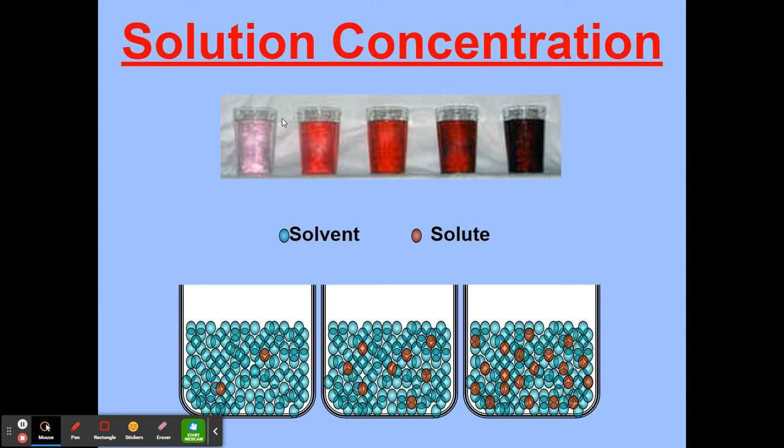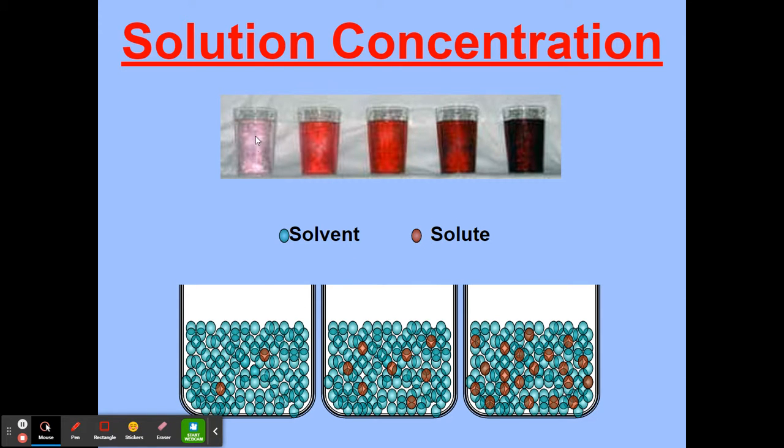So if you look up here, this is just a picture to represent concentration. We've got the picture of what we would see with our eyes, and then down here a representation of what happens with the particles. This one I think everybody would agree would be the least concentrated or the most dilute. This one would be the most concentrated or less dilute. And the difference in the particles, if you look down here, the red particles are the solutes.